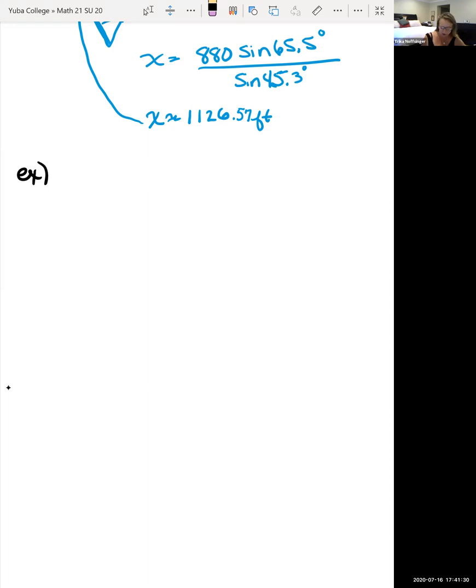So let's just start writing a picture. So we got Fort Myers. So due north is going to go up. And it's flying to Sarasota.